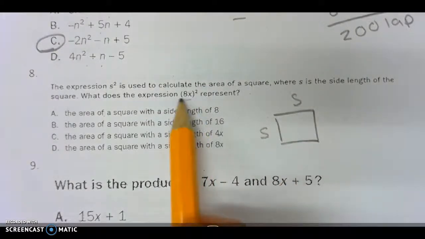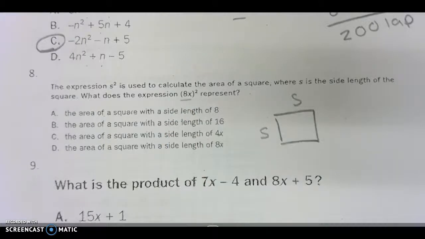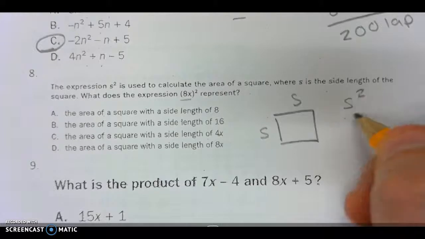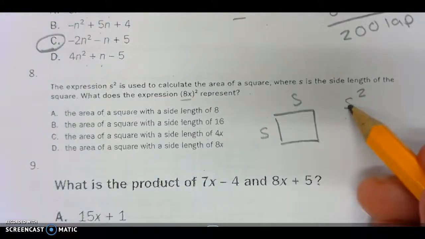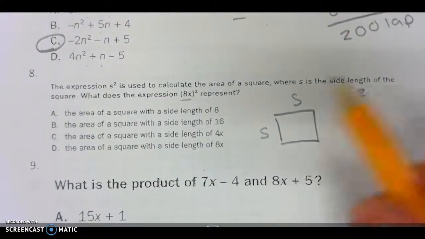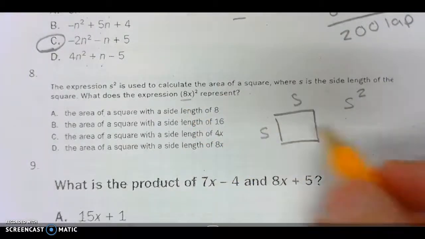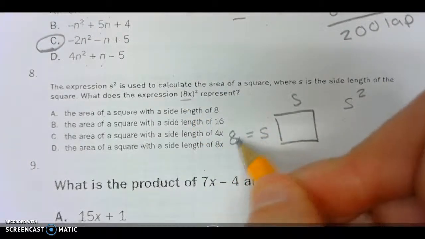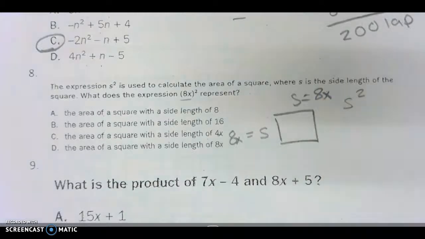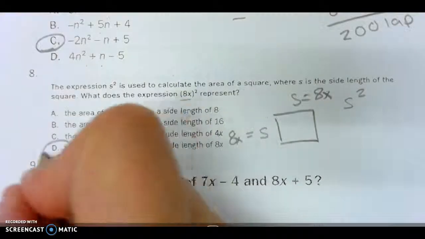And they say that 8x squared is the area. Well, if I know that s squared is the area, and I know that 8x squared is the area, then each one of these should be equal to 8x. Meaning that the side of each is going to be 8x. So the area of a square with a side length of 8x.